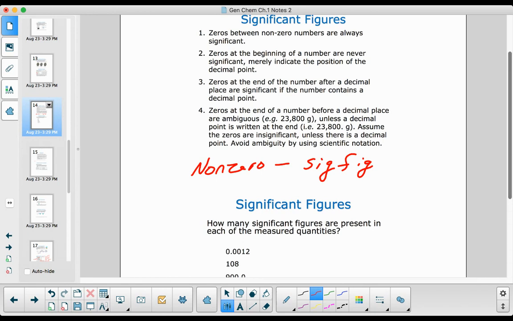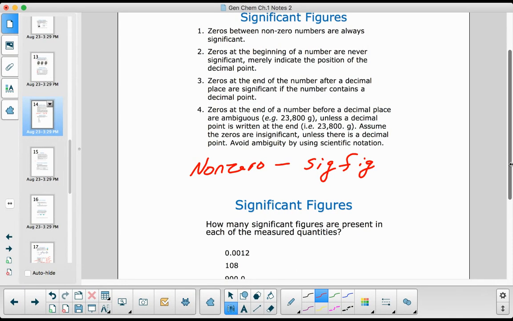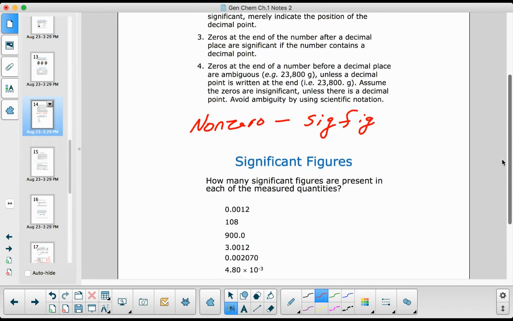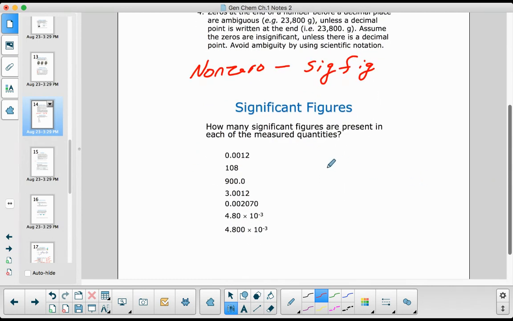Looking at these examples, here are 2 non-zero digits. Those are definitely significant. Now any zeros that come before the non-zero digits are not significant. So this example has only 2 significant figures.